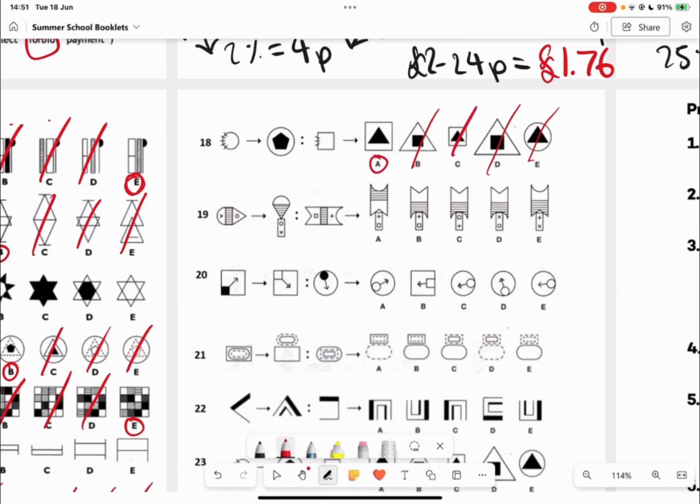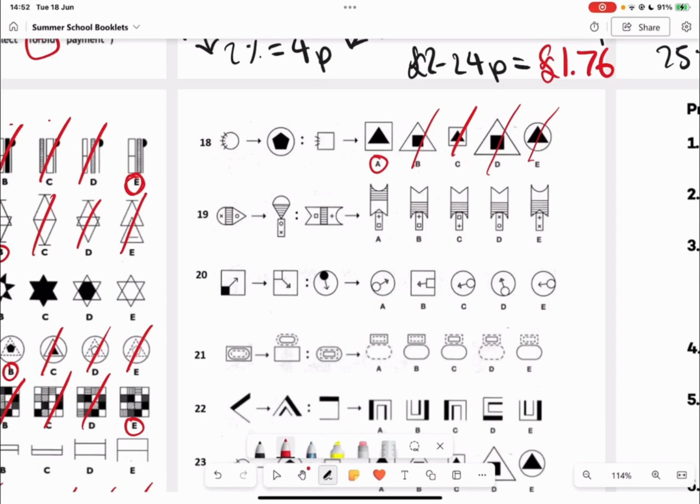Then for question 19, we can see that our shape has a triangle at the bottom, and the lined rectangle then almost squishes it, and the semicircle is then added to the top, and the rectangle is added to the bottom. So we're doing the exact same thing. We can expect a rectangle at the bottom, which is in all of our options, and then we can also expect a lined cutout square.